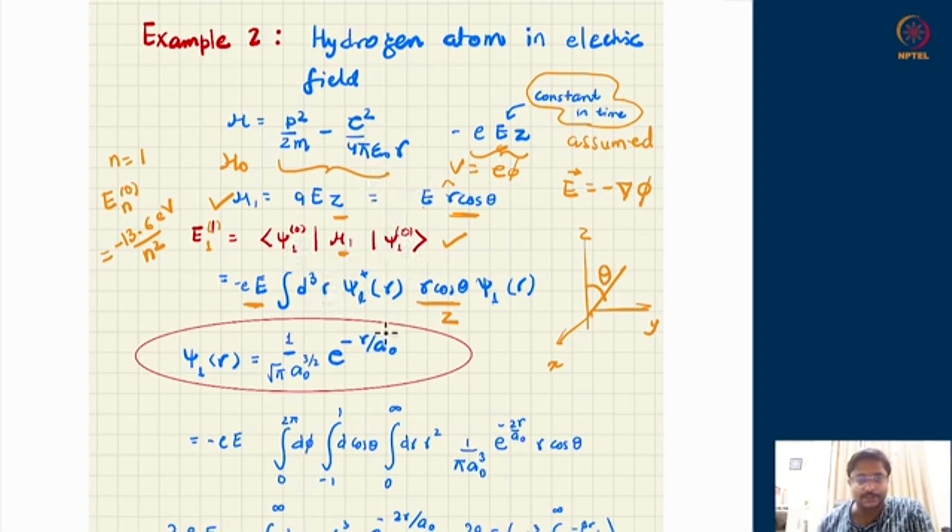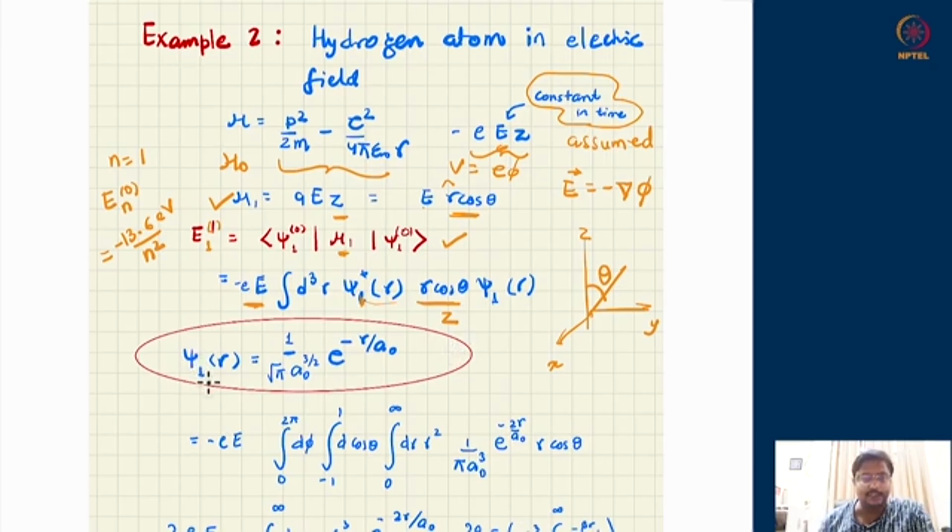That means in position representation, I have to integrate the perturbation Hamiltonian with psi 1 star of r from the left and psi 1 of r from the right, the ground state wave function.